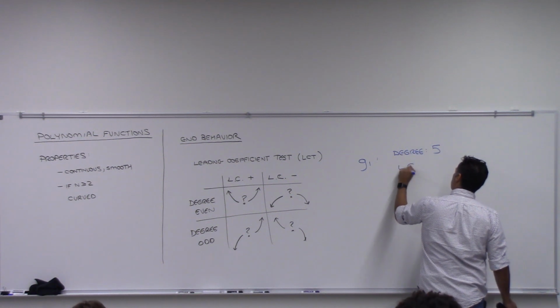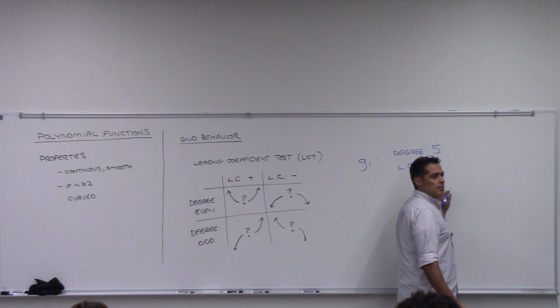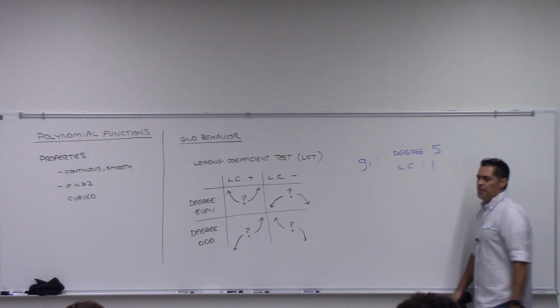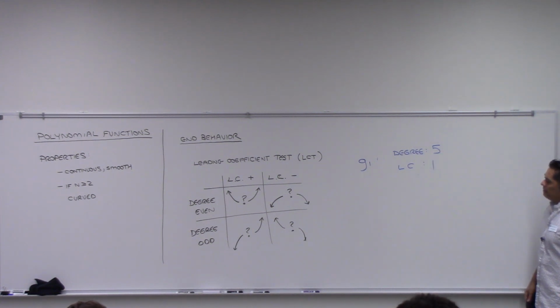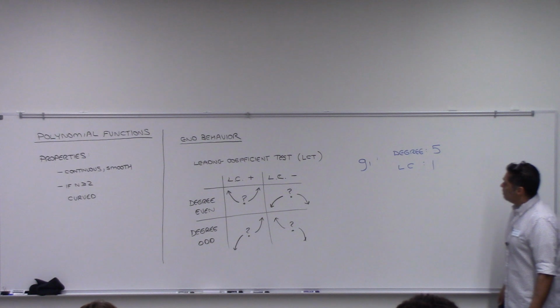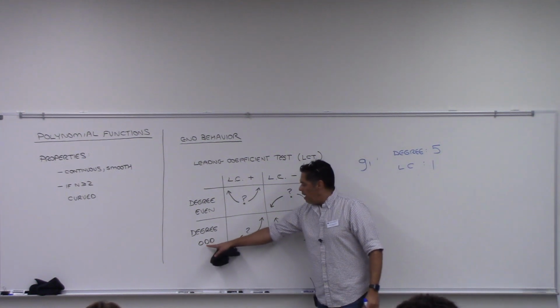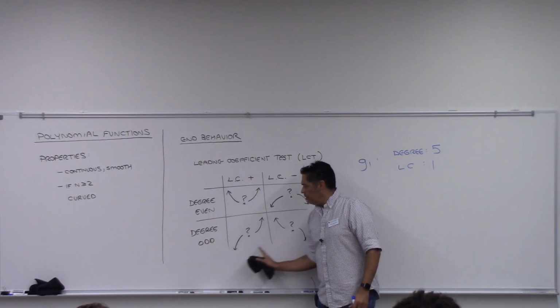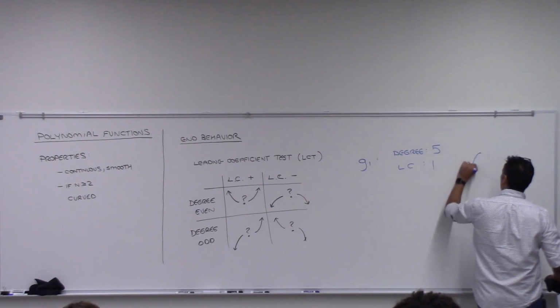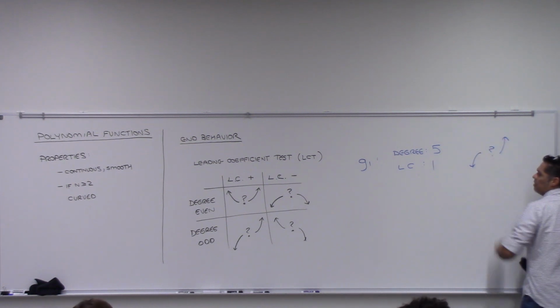What's the leading coefficient? 1. Okay, so what's the end behavior of G1? Left side does what? Down, right side up. Odd, positive, right? So we know for G1, we should expect to see it go down and up like that. In the middle, we don't know.